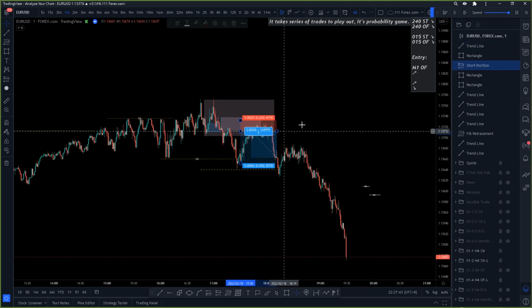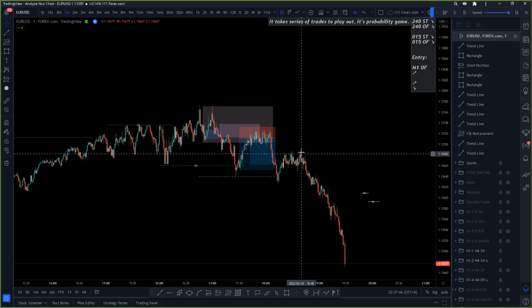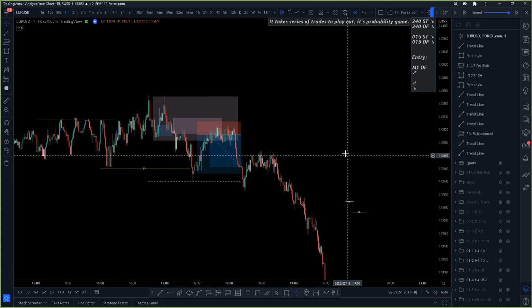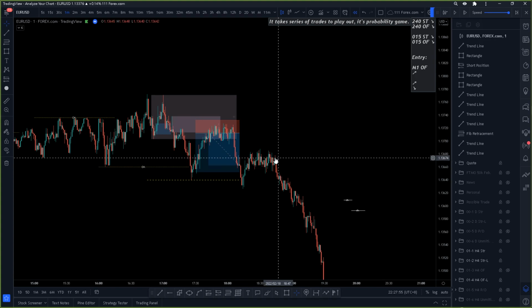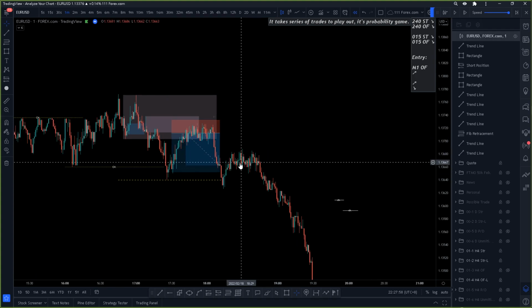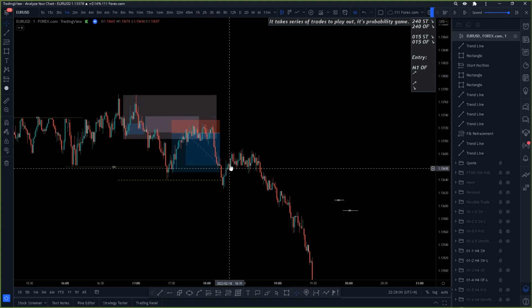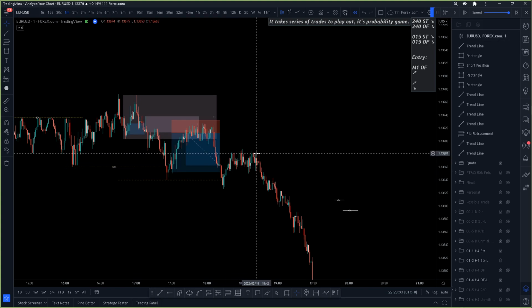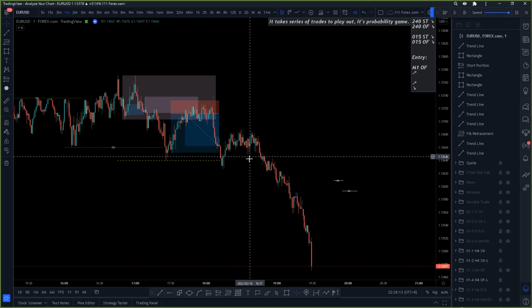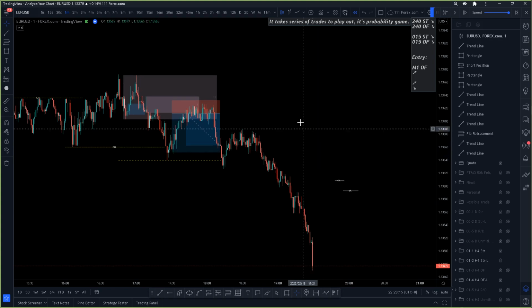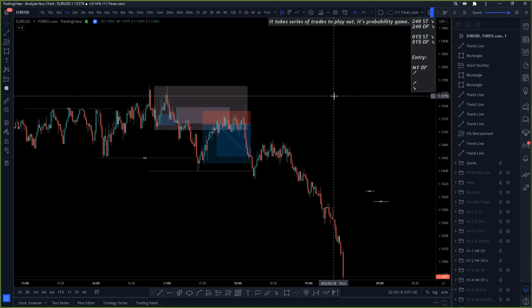This is much riskier. Yeah, because I think one never knows whether it will tap back or not, unless I view this as my 1 minute change of character, and sell here will be better.